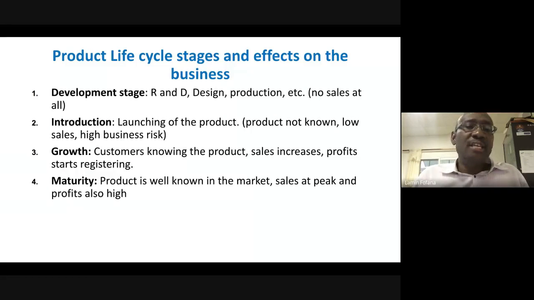So the fourth stage is the maturity stage. This is a very, very important stage. Just like human beings, this is our adulthood. This is the stage where most of you are in, where you are at the university, or you're going to finish university education.